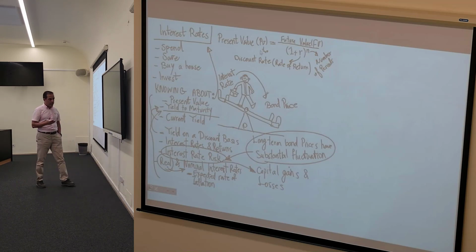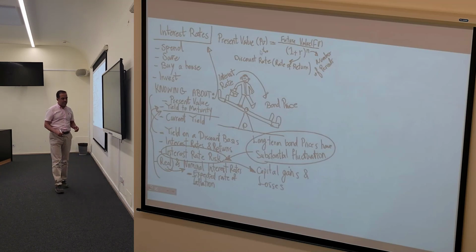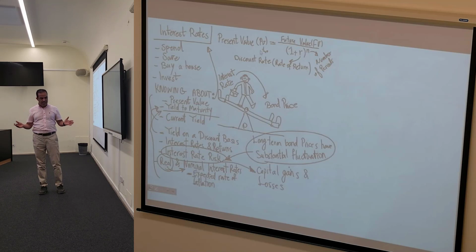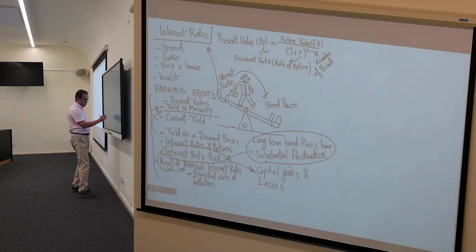They can be large because of the interest rate risk and the long-term bond prices that have substantial fluctuation. So if we have this interest rate risk for long-term bonds we are investing in, the capital gains and losses might be large, okay?